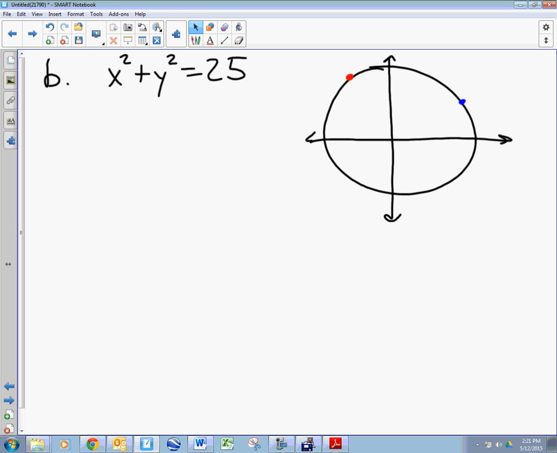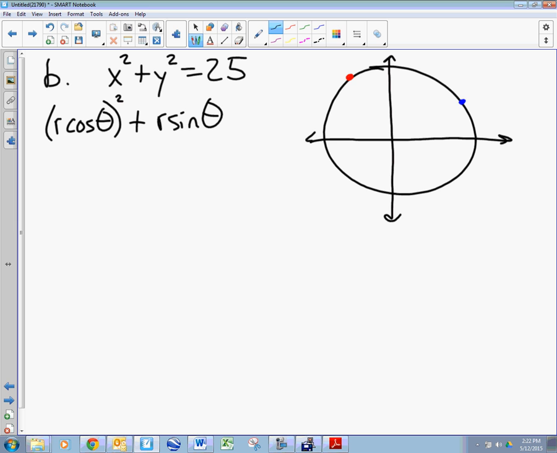Let's justify that. We will do that by plugging in something for x. What do we plug in for x? R cosine of theta, quantity squared, plus r sine of theta, quantity squared, is equal to 25. What do we get when we square that? r squared cosine squared of theta plus r squared sine squared of theta.